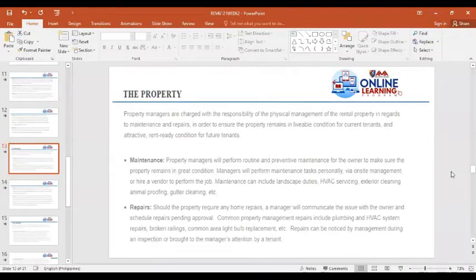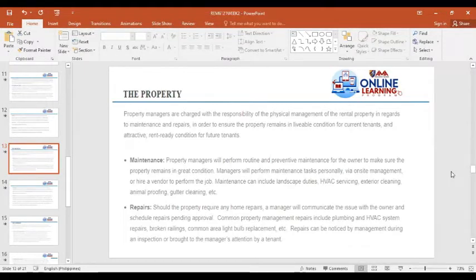Maintenance. Property managers will perform routine and preventive maintenance for the owner to make sure that the property remains in great condition. Managers will perform maintenance tasks personally via on-site management or hire a vendor to perform the job. Maintenance can include landscape duties, servicing, exterior cleaning, animal proofing, and gutter cleaning.